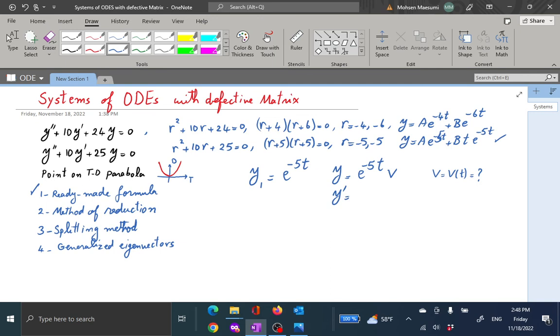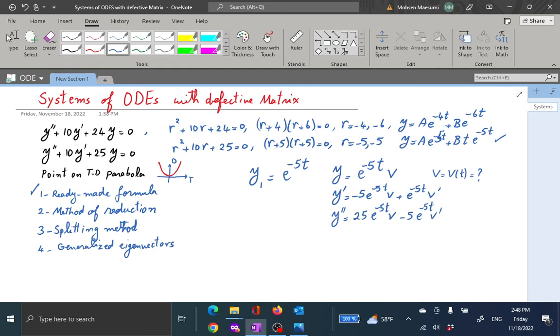You carefully apply the chain rule. So you have minus 5 exponential of minus 5t v, and then exponential of minus 5t v prime. We have to do this second round. So y double prime, I take a derivative, becomes 25 exponential of minus 5t v, and then the derivative of the second term is going to be minus 5 exponential of minus 5t v prime.